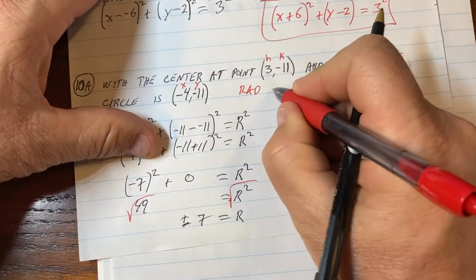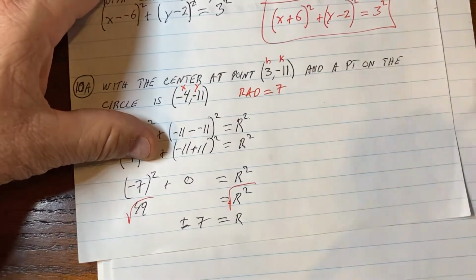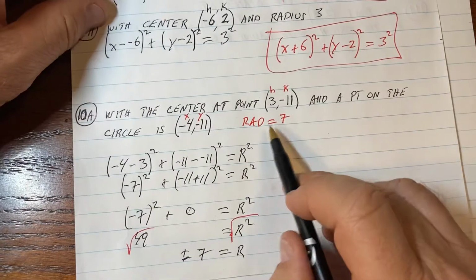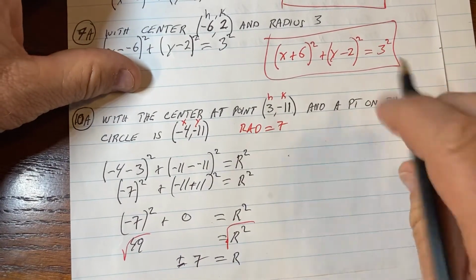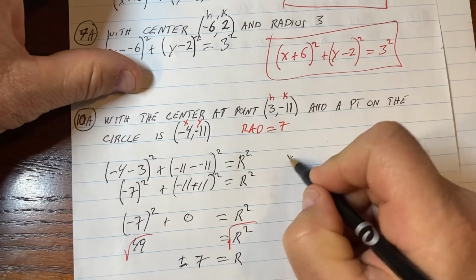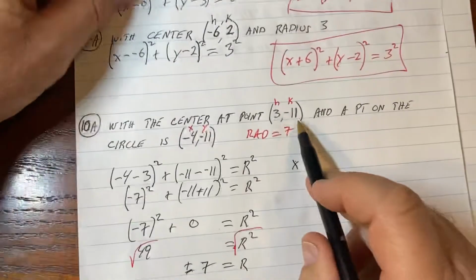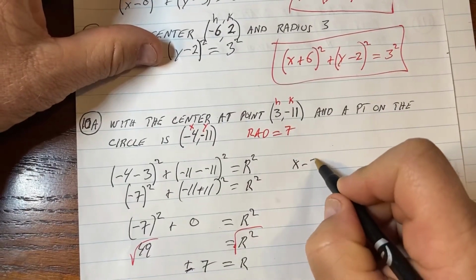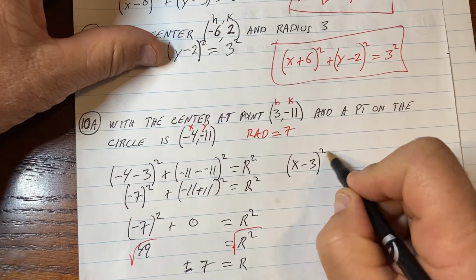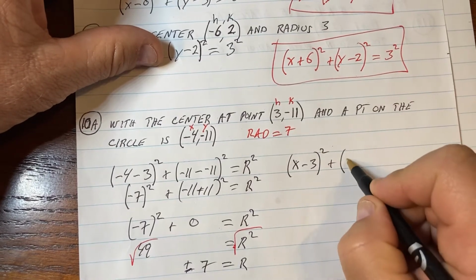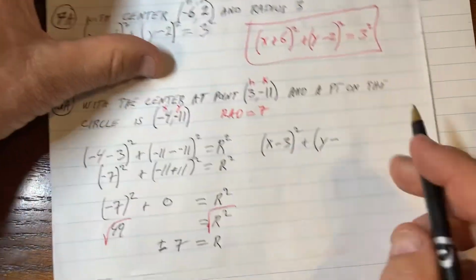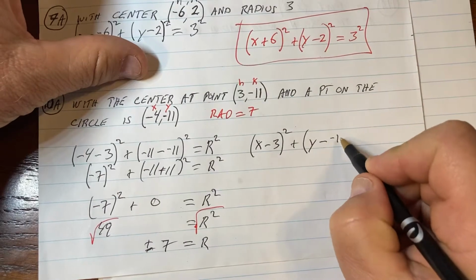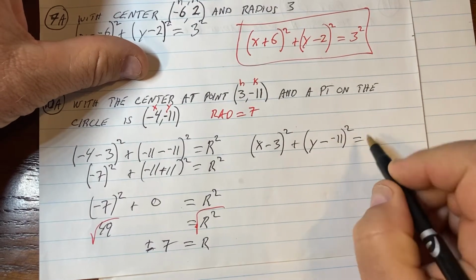Radius equals 7. So now we can write the equation. The center is right there, so the equation is going to be x minus 3 quantity squared plus y minus k. K is a negative 11, quantity squared equals r squared.